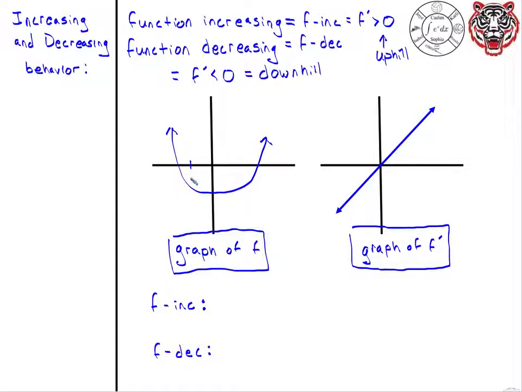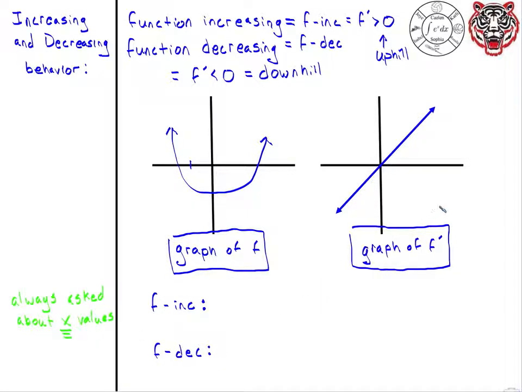Oh, never mind. I was thinking of y. Oh, okay. Yeah, we're always thinking about x, so maybe we want to write that in our notes. Always asked about x values.